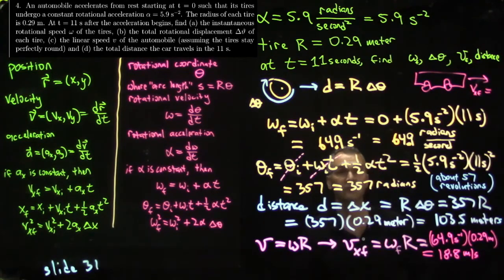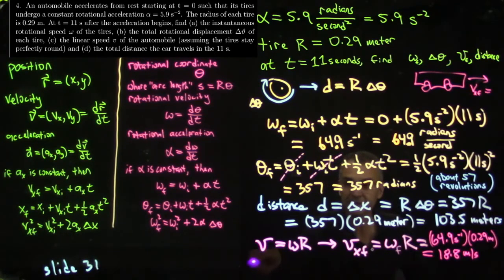You see how convenient rolling without slipping is. In fact, your car's odometer assumes that your car tires are rolling without slipping, whereas the GPS on your phone doesn't make that assumption. So 357 radians times a radius of 0.29 meters is 103.5 meters. So we've gone a little over 100 meters, about a football field.